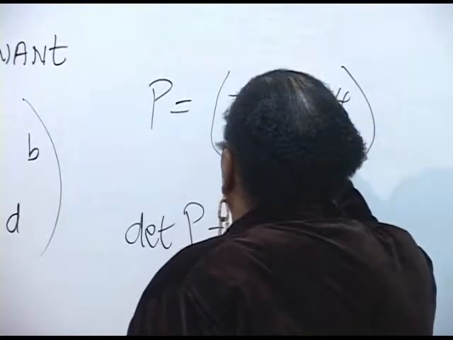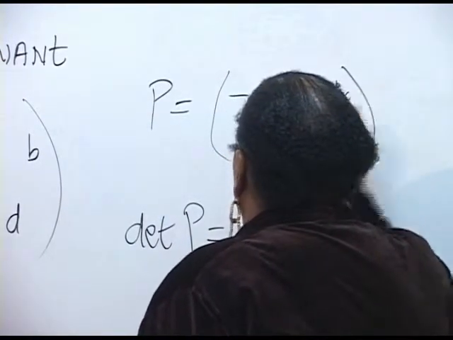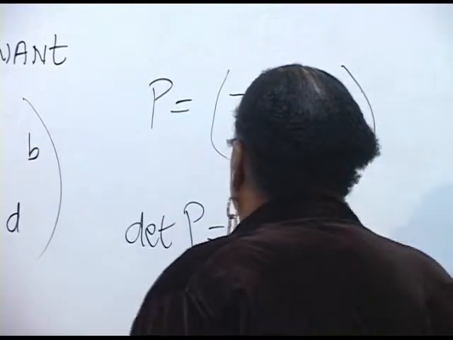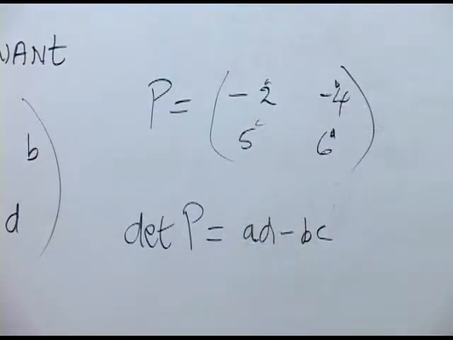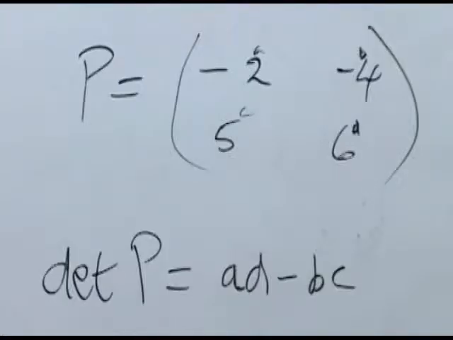Up here we'd have scribbled our little A, so we know this is the B, that's the C, and that's the D. So the A would be -2, the B would be our -4, the C would be our 5, and the 6 would be our D.